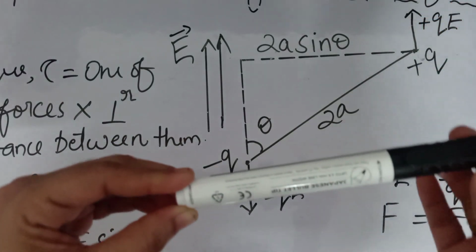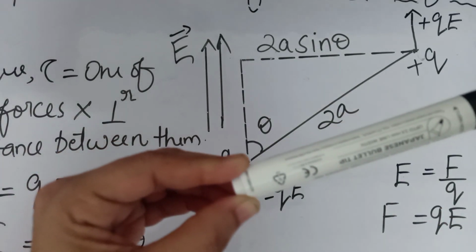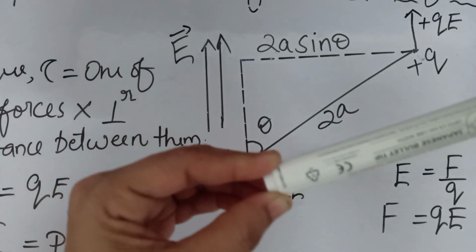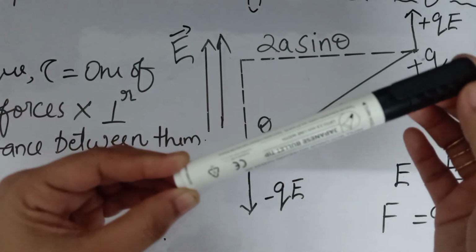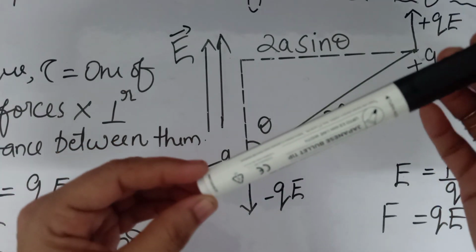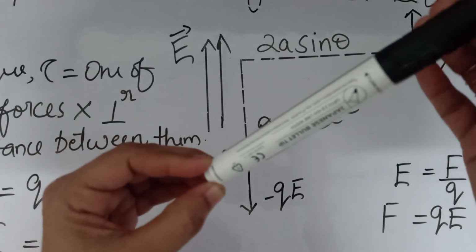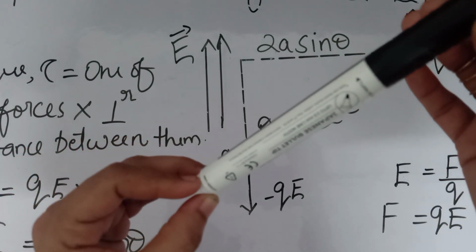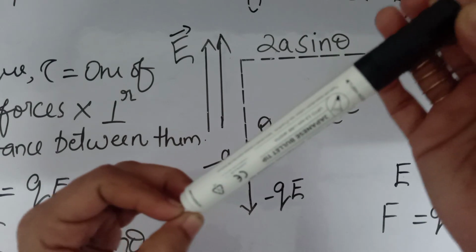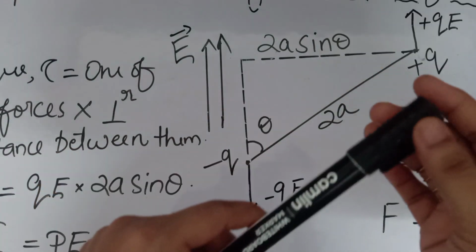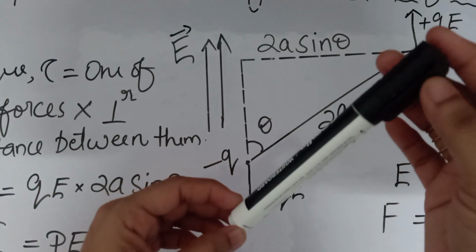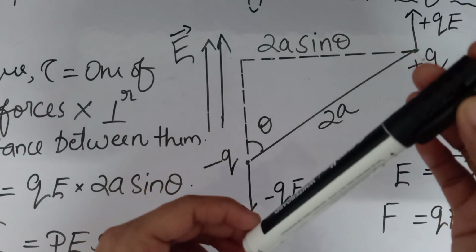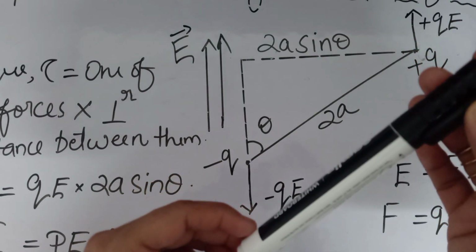If the lines of action of the forces are different, then what will happen here? It will be rotating like this, right? On this side the force is acting downwards and on this side it is acting upwards, so that will be rotating. So in this case we can understand that the two forces are equal but the lines of action of force are different.